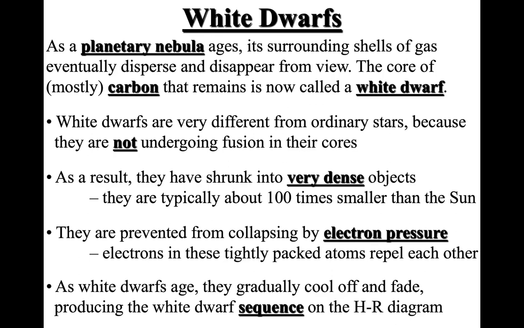Since you don't have any nuclear reactions going on inside, the pressure you need from the internal region to stop this gravitational collapse is provided by something called electron degenerate pressure.